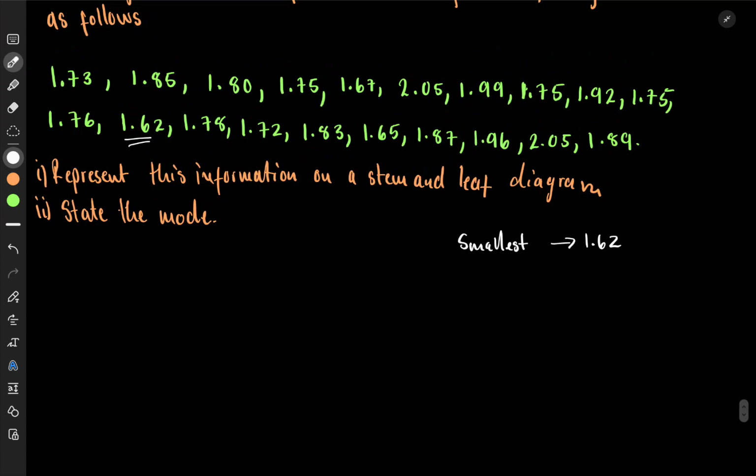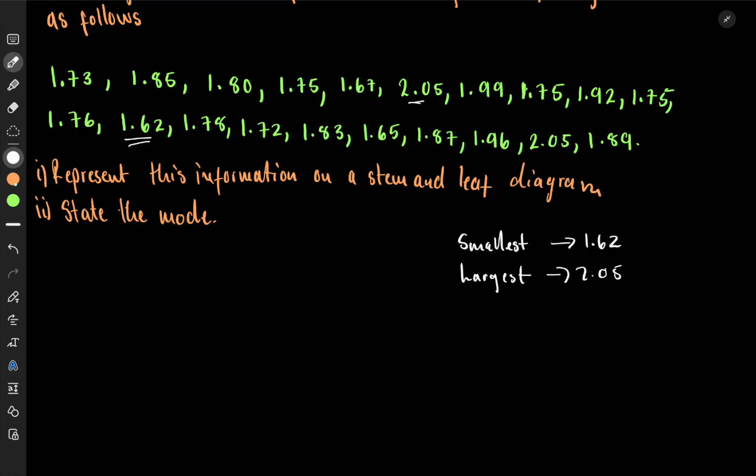Now what is the highest? It looks like 1.85 so far, then 2.05. Anything bigger than that? No. So the largest is 2.05.